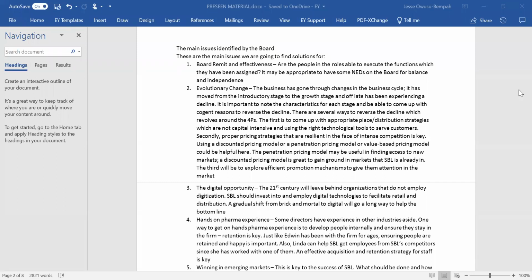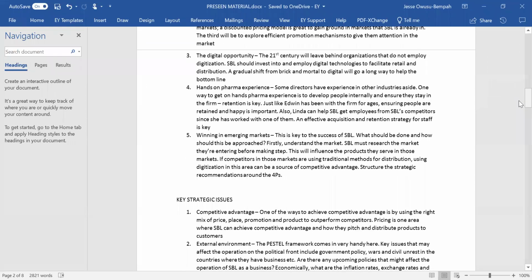Another thing that the board also raised is the digital opportunity. The 21st century, as we all know, technology is changing a whole lot of things. So one of the things SBL should invest into is digital technologies.